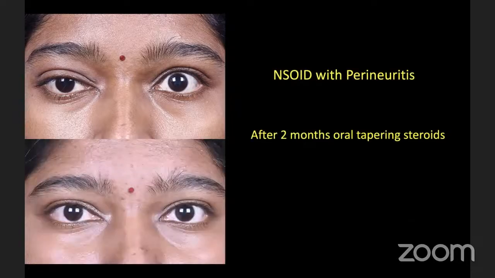So this would be NSOIDs with the involvement of the optic nerve, so perineuritis, and after 2 months of long-standing dosage of oral tapering steroid, she improved to the clinical image below. So usually all of these NSOIDs would warrant a longer course of oral steroids, and if they remain unresponsive even after this long period, then it would be a good idea to shift them onto pulse therapy.